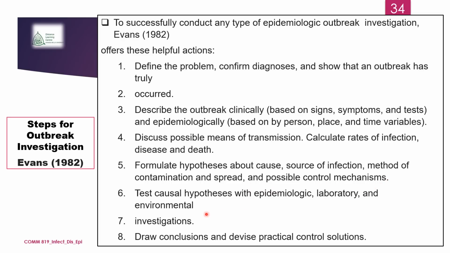Then number 6, you need to test causal hypotheses with epidemiologic, laboratory, and environmental investigations. Then finally, you need to draw conclusions and devise practical control solutions. Sorry, the numbering is somehow haphazard.